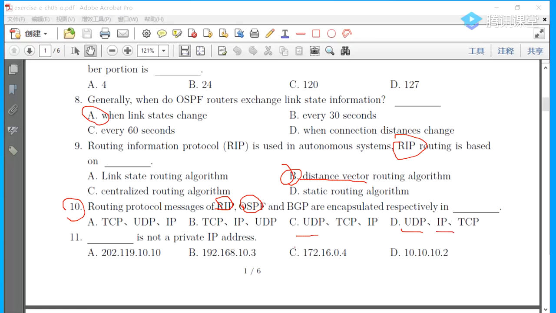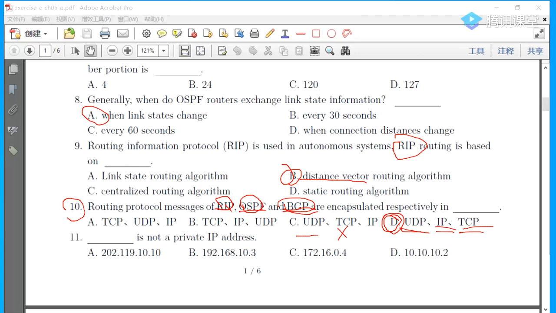So it's not TCP. BGP is encapsulated in TCP. So the answer is D. That is, RIP is based on UDP, OSPF based on IP, BGP based on TCP.